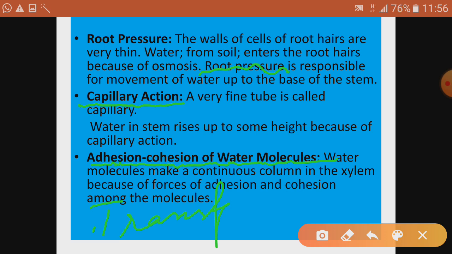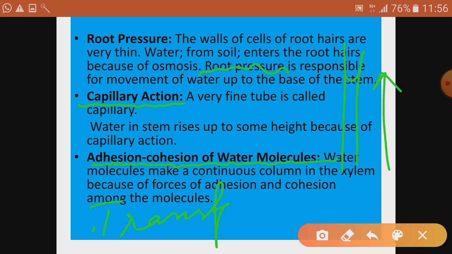Inside a capillary tube, a kind of tension is created that is called water tension or capillary tension, and because of this water moves in upward direction. Same way in xylem, because of the capillary action, the water moves in upward direction. So this can be the second factor.